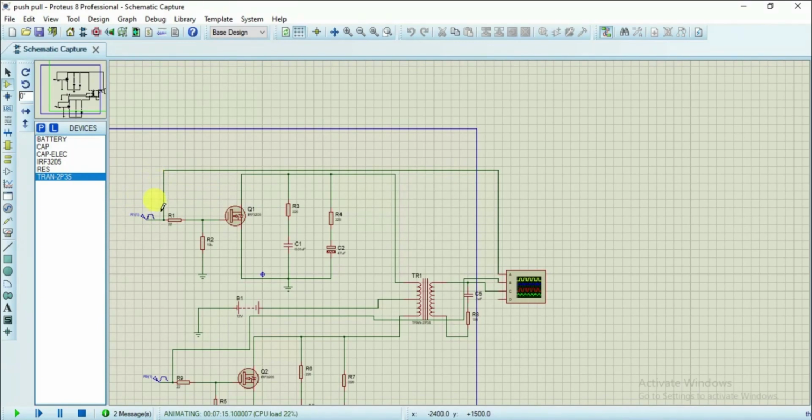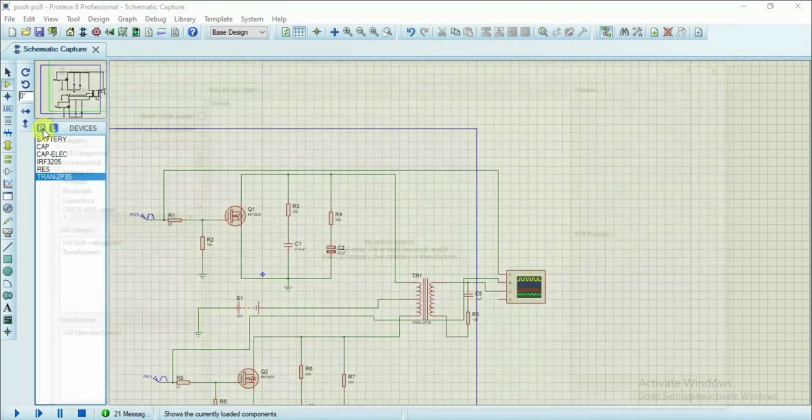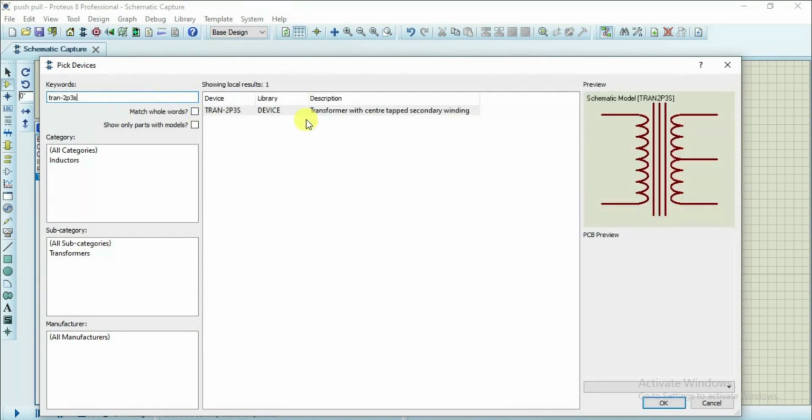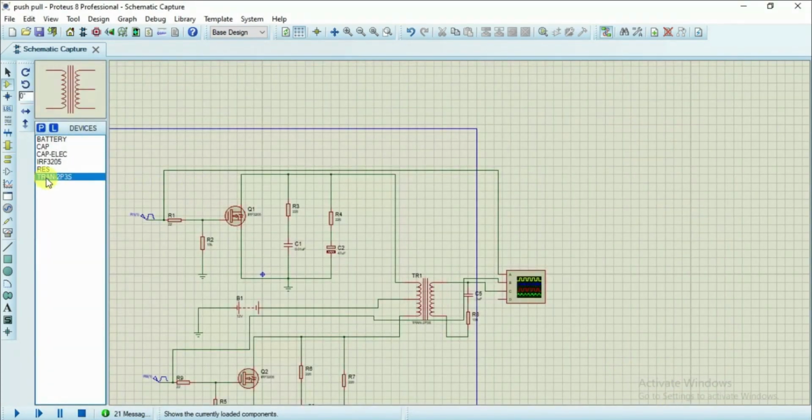And in the previous videos of this lab, I hope you have learned how to extract these components from the library. The only new component that you will need for this experiment is the transformer. So if you write here TRAN-2P3S, you will find the transformer that is needed for this experiment, and here is the transformer.